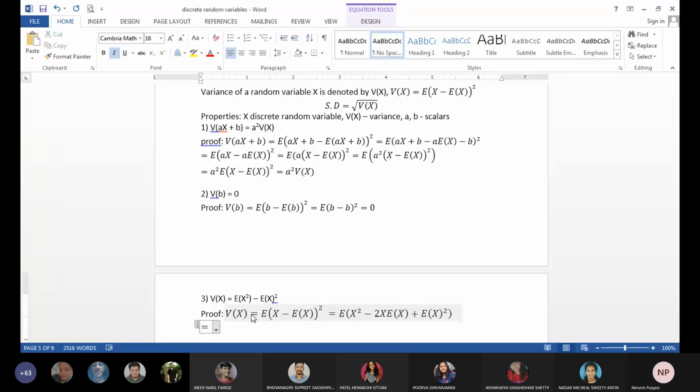Yes, sir. So now what we will do, once this step is okay, rest is just expected value का property.